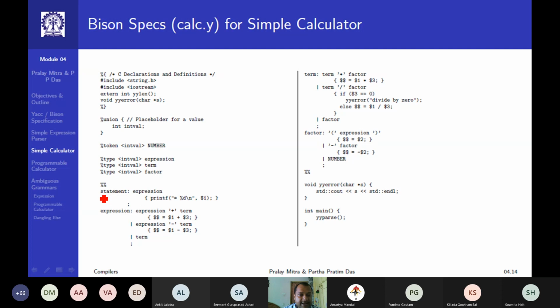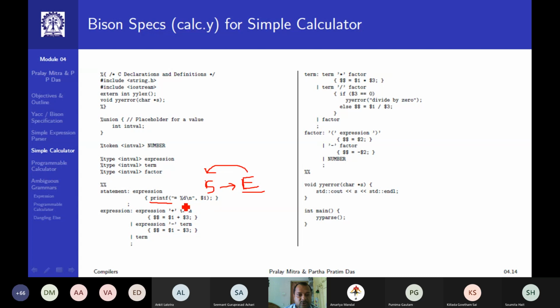Now, the action I am adding with the statement is like this. Statement colon expression. You remember that the production rule was S derives E. Now, if you remember the parsing table, then the reduction for this in LR parsing is that when I will have one E, then I will reduce to S. So the reduction means that whatever is there in E, I will print that one.